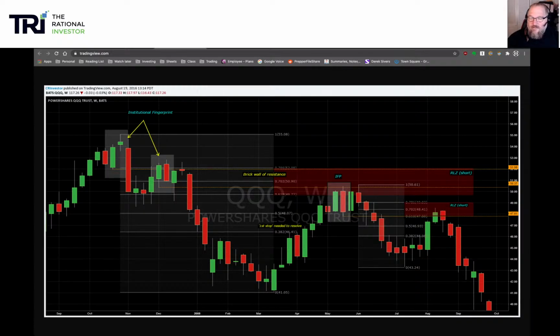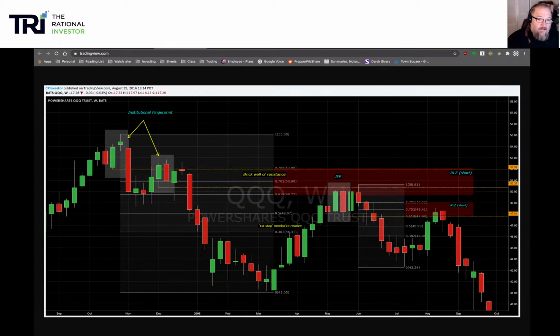But if you look, let me describe it here. So when you look at the 2007 November to 2008 March, that's the overall big move. Then we drew a RLZ off of that. Price came up to that 38.2 of that first level, of that first fib. We had one red bar down, and then we moved on up.